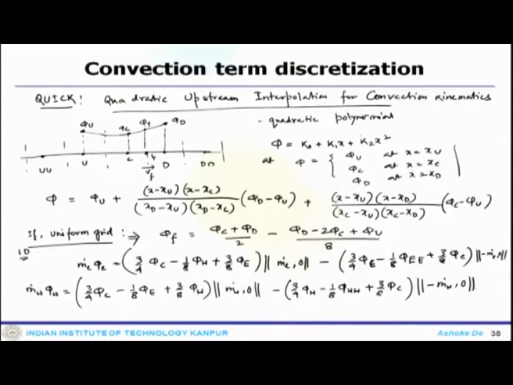So, this is what you get. Now, again after getting this information, you put everything back in the discretized equation.